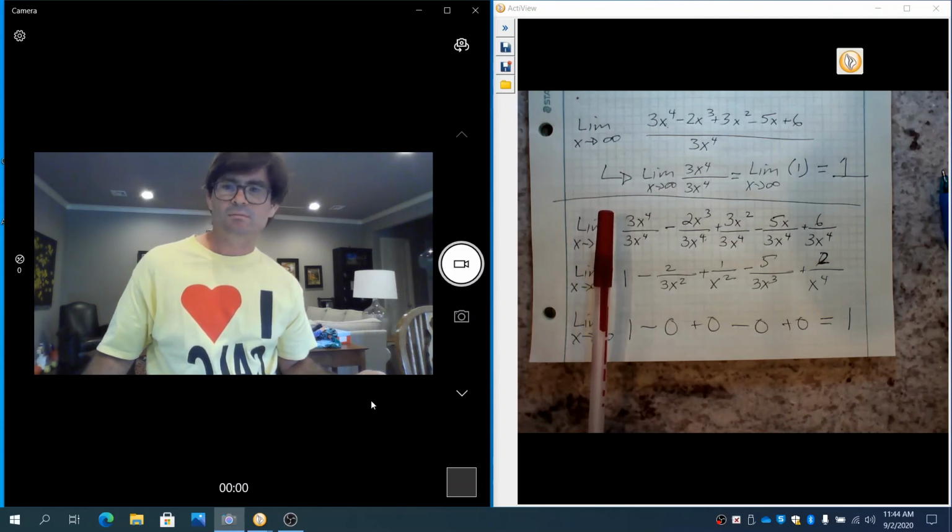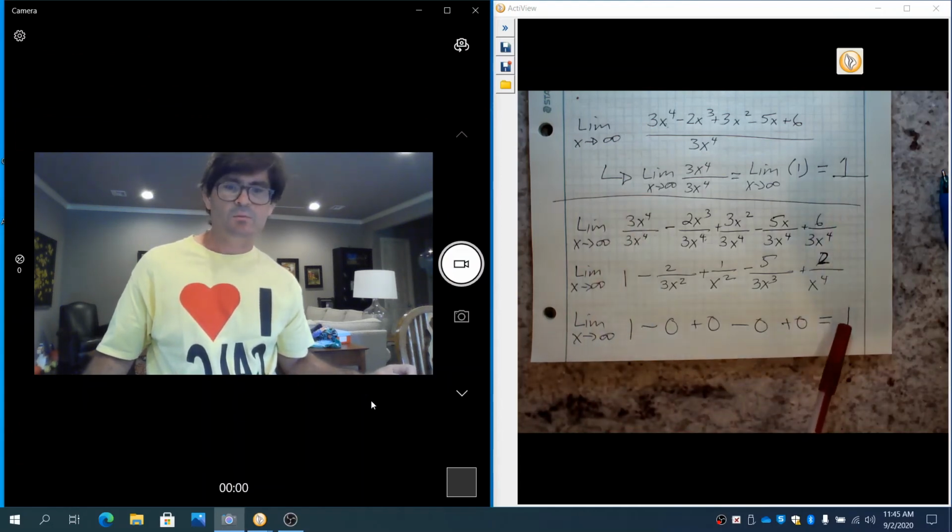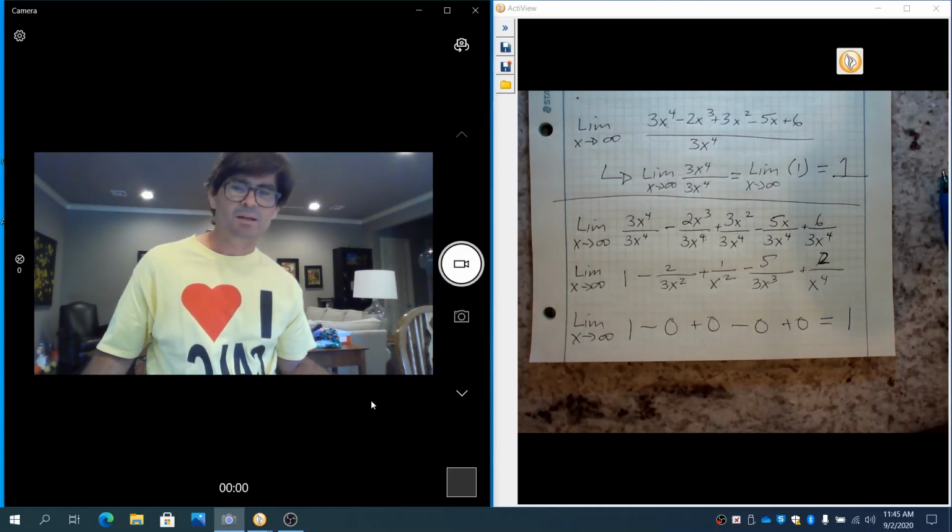And you still may not have much idea, but at least you know that as x goes pretty far to the right, because the limit is 1 as x goes to infinity, in English what that means is as your graph goes really far to the right, this function is going to approach the number 1 forever. So that actually gives you quite a bit of information about your graph. And so from this video, remember that an asymptote and what the function does as x goes to positive or negative infinity are the same thing.